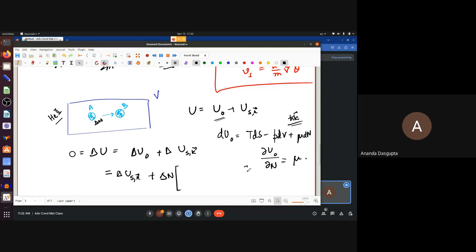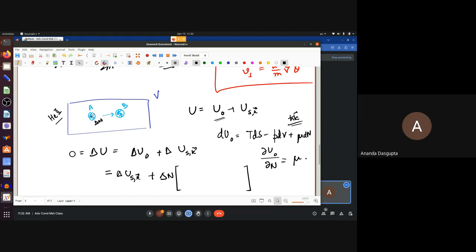Now what will happen? Number of particles times the rate at which U0 changes with particles, right? So what will you do? At B, as a result of the process, what has happened at B? The number of particles is increased by delta N, right?